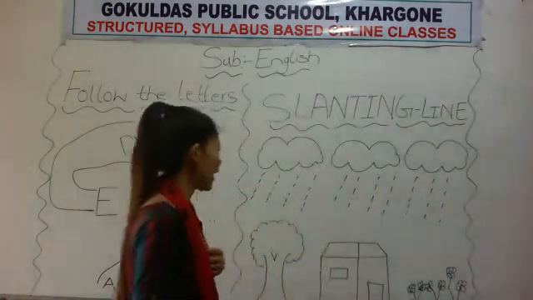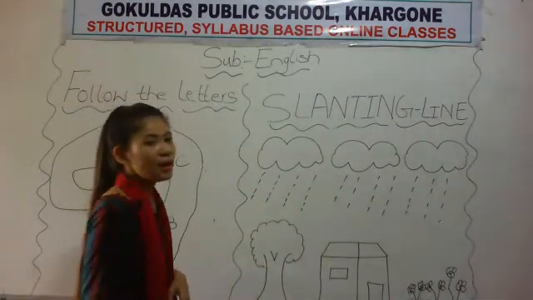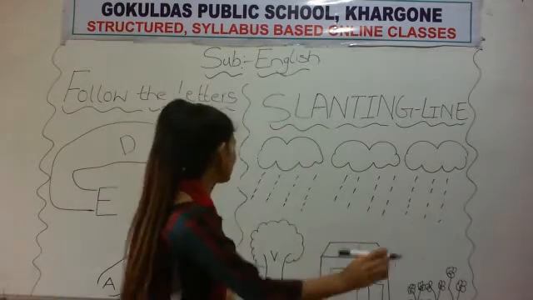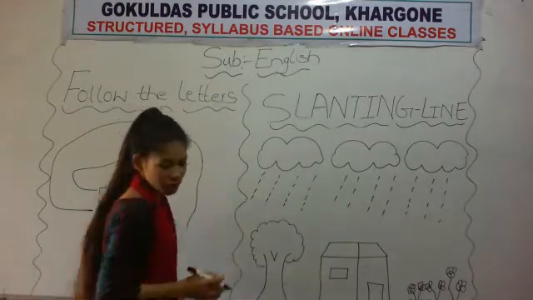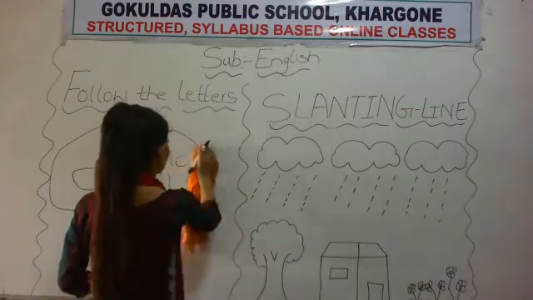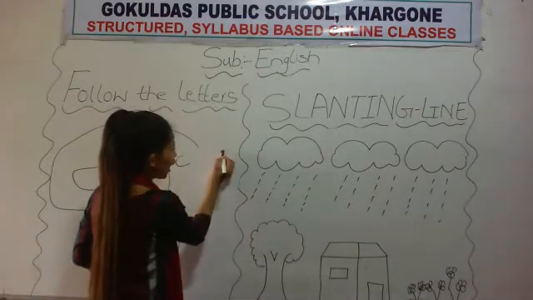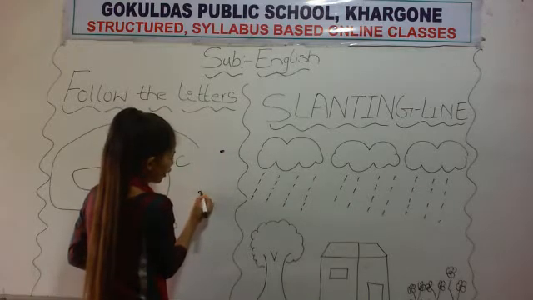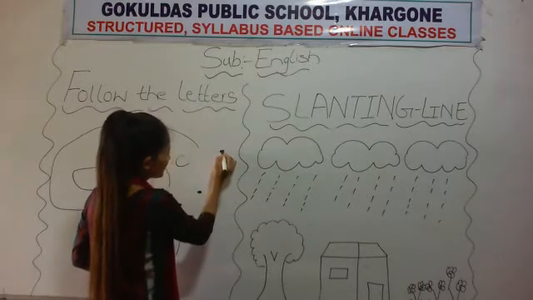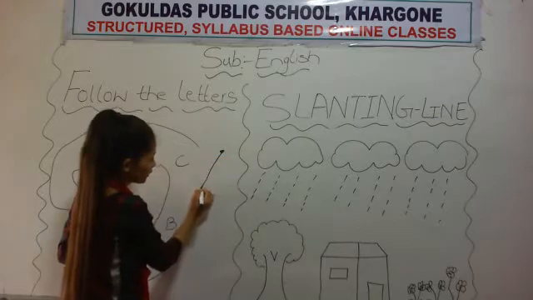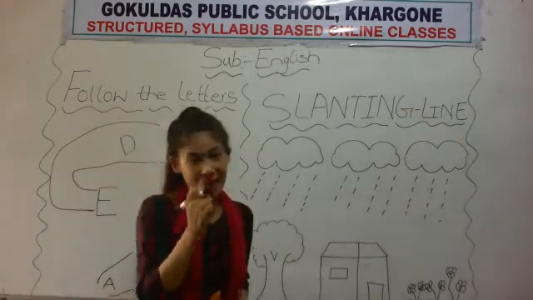Okay, I'm going to help you how to make a slanting line. See, you don't have to do anything. Make a dot and make one more dot and join that dot. This is called slanting line.